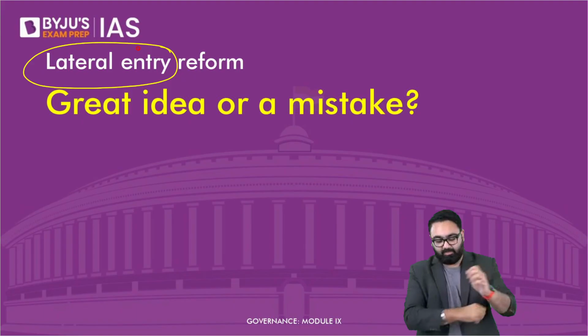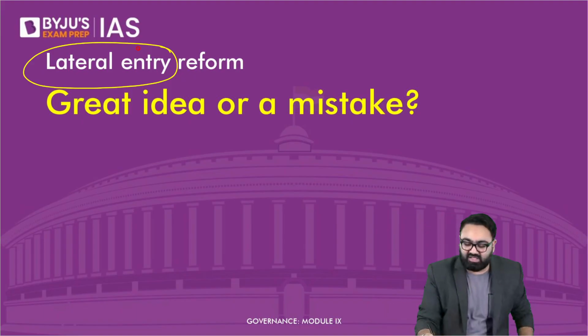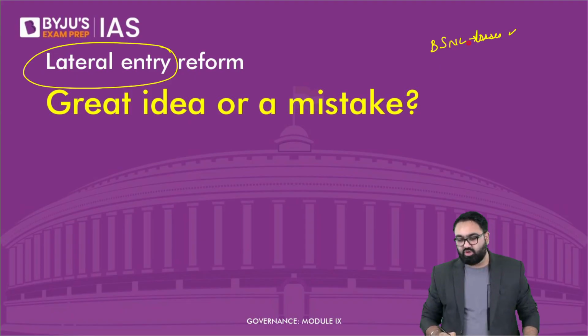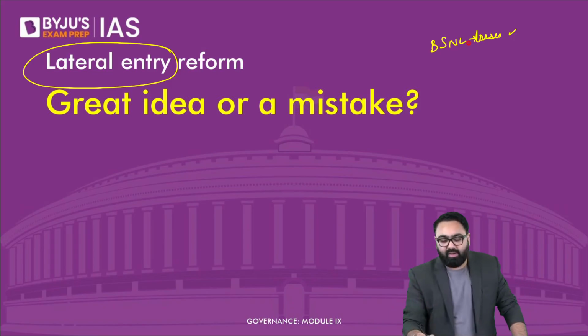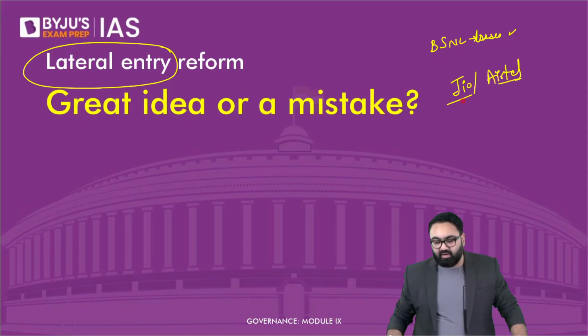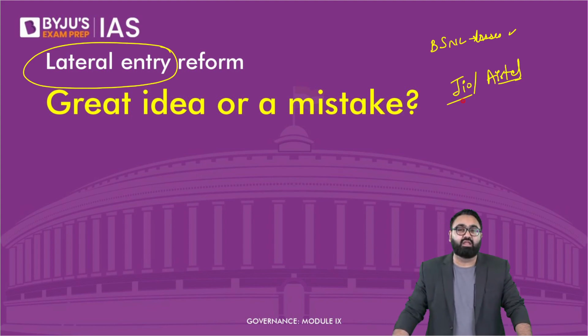Okay, let's take an example. So government of India has this problem that BSNL is going into huge losses. No matter what the government does, BSNL is into losses. So government wants to revive that. So what can the government do? The government can see who is working at Jio or Airtel for a long time. Let's say there's someone working in Airtel for a long time who has the expertise, who has been working for 15 years.